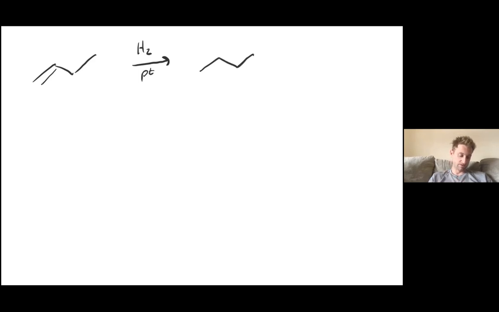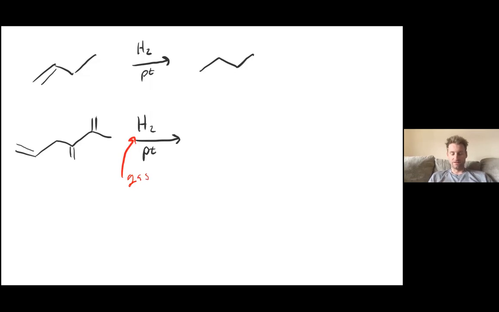If we have multiple on there, H2 is a gas. This makes it infinitely hard to measure out the amount you have in there. So it's very difficult to actually get one equivalent of it to try to reduce just one of these double bonds. The reality is that you're always going to be in excess.